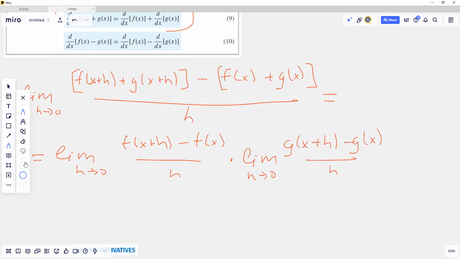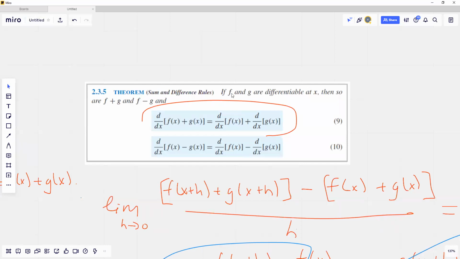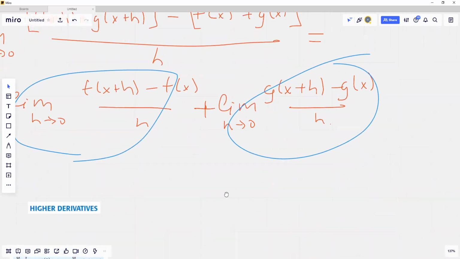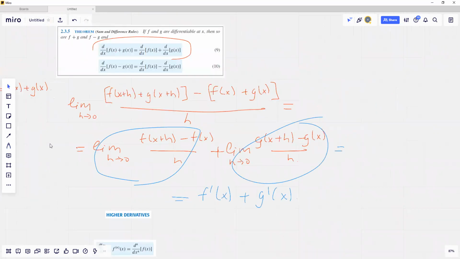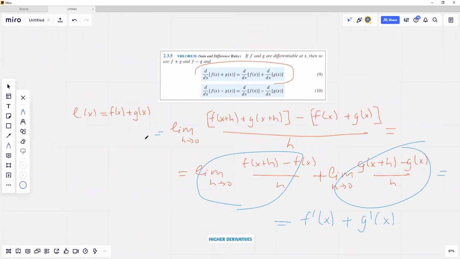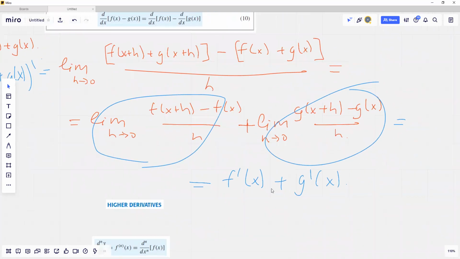So we can split the limit of a sum into the sum of the following limits, since these limits exist from our statement of theorem. So f and g should be differentiable, meaning that these limits should exist. So this defines derivative of f, and that defines derivative of g of x. Basically, derivative of the sum of two differentiable functions is defined as the sum of their derivatives.